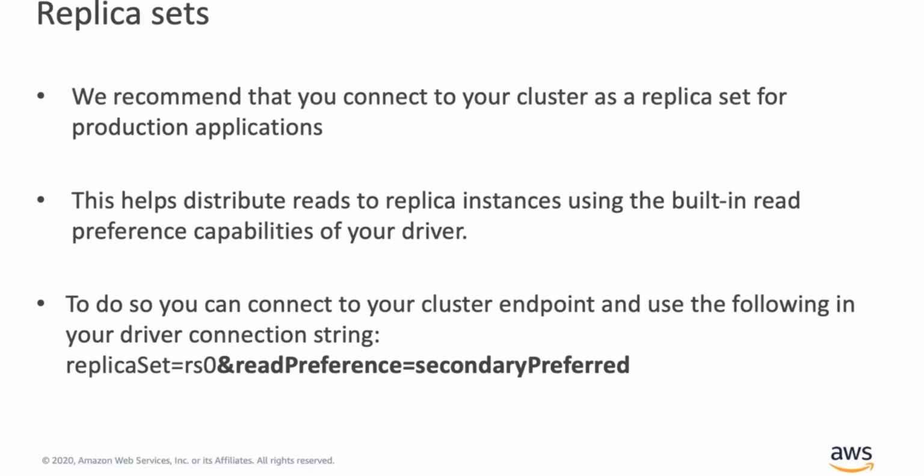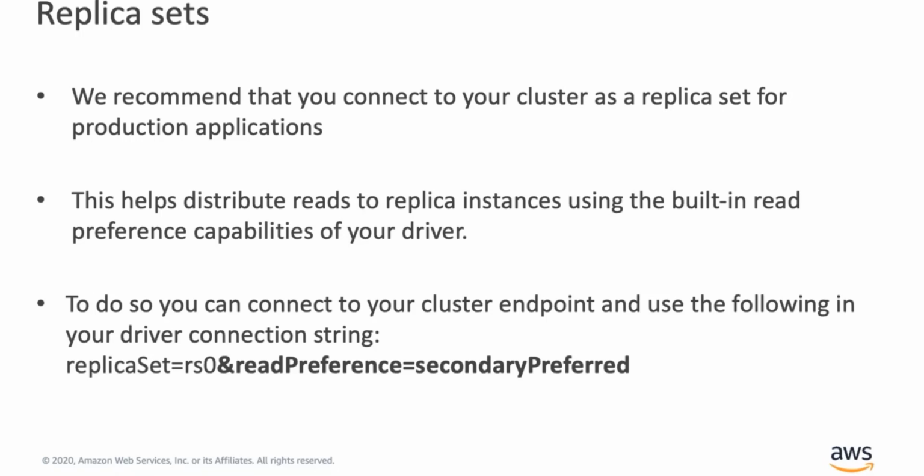The reason we recommend our customers connect to their cluster as a replica set for production applications is because it helps distribute reads to the replica instances using a driver's built-in read preference capabilities. Essentially, any read traffic coming into your cluster you would ideally want to send to one of your replica instances, while the write traffic you'd like to keep sending to your primary instance.